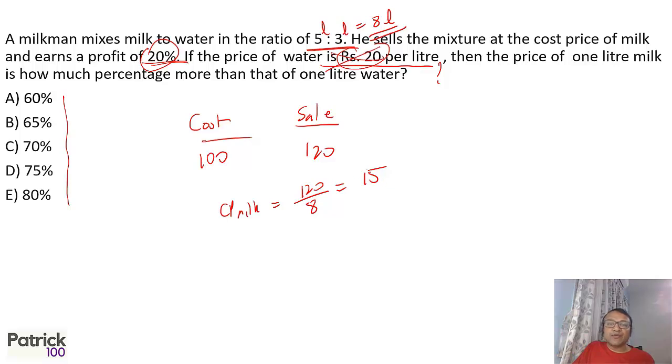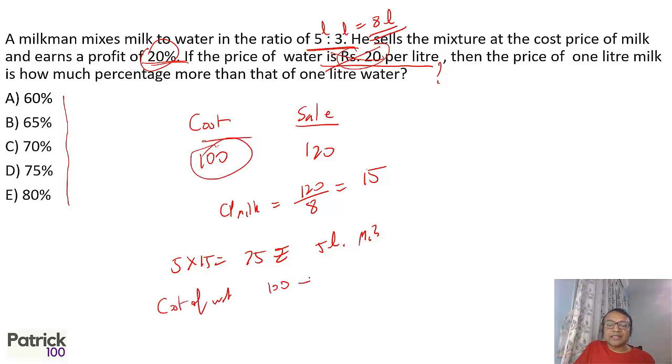If the cost price of milk is 15, to mix 5 liters of milk, 5 into 15 is 75 rupees, the total cost of milk for 5 liters. So the total cost is 100 rupees. So the cost of water is 100 minus 75, which is 25 rupees. This 25 rupees is for 3 liters because we mixed 3 liters of water.